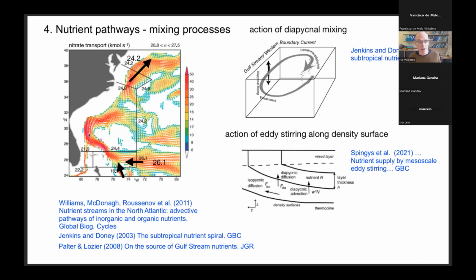Now, for the Gulf Stream region, we would expect this stirring to actually transfer nutrients from the nutrient-rich Gulf Stream into the interior, so would dilute the nutrient concentrations. Now, we haven't tested that yet, but that is part of what we want to do in our field program I'll discuss at the end of this presentation.